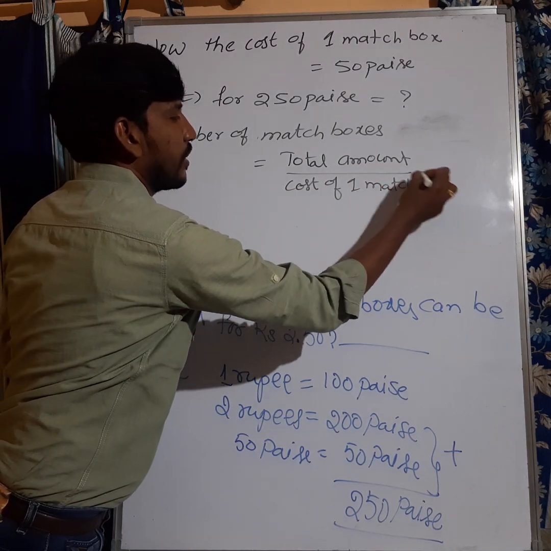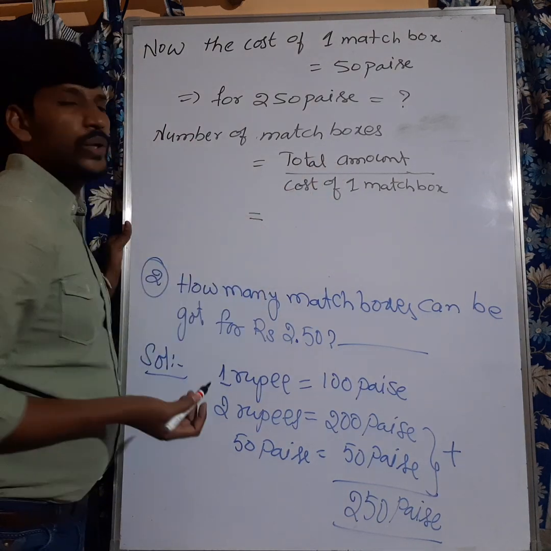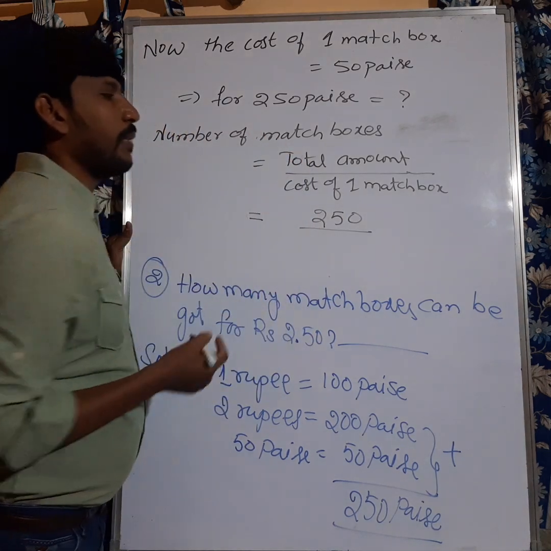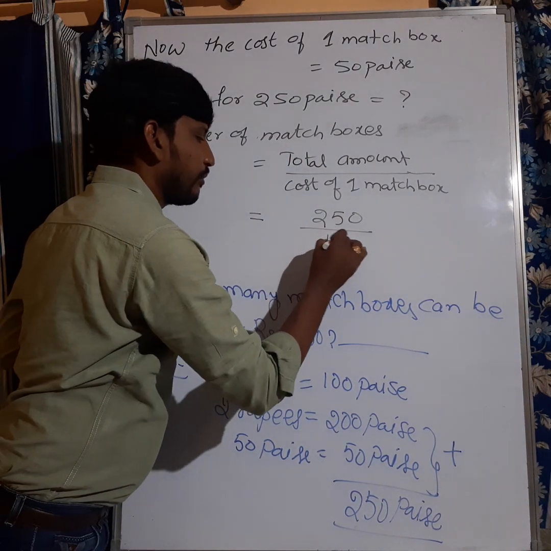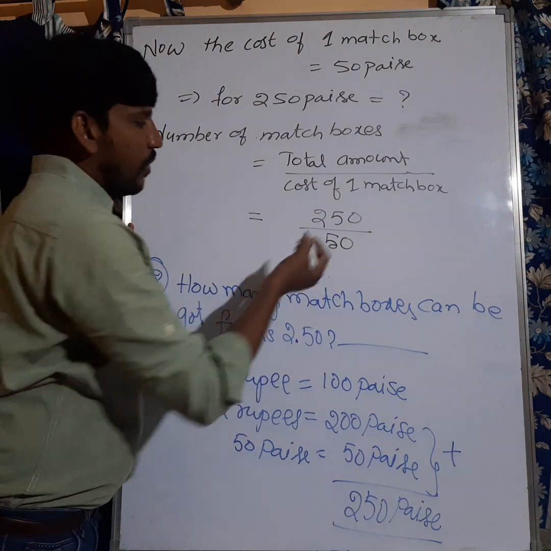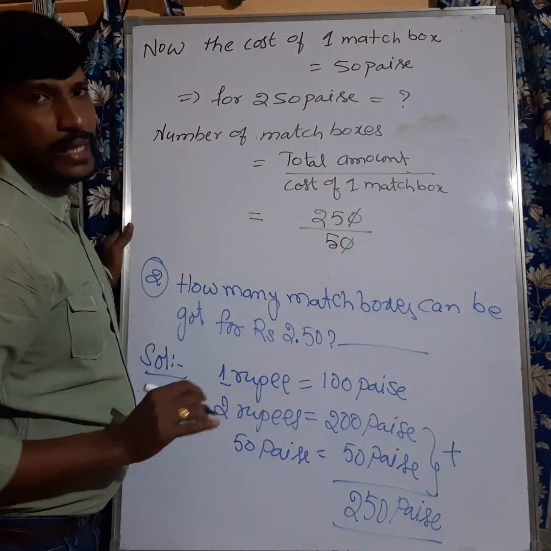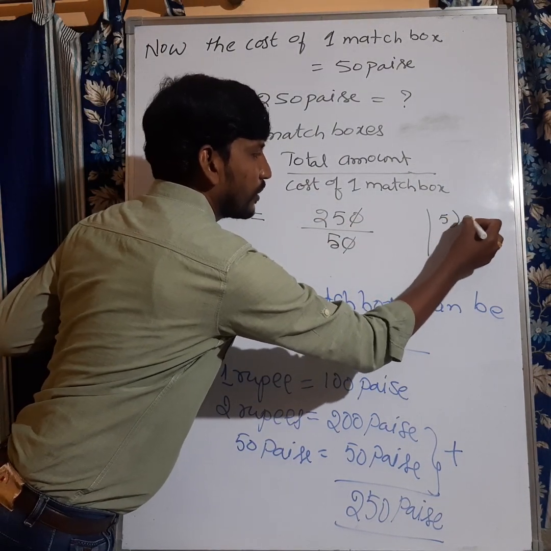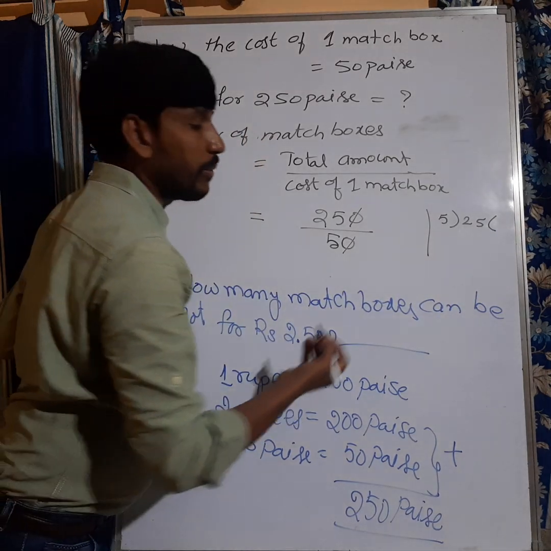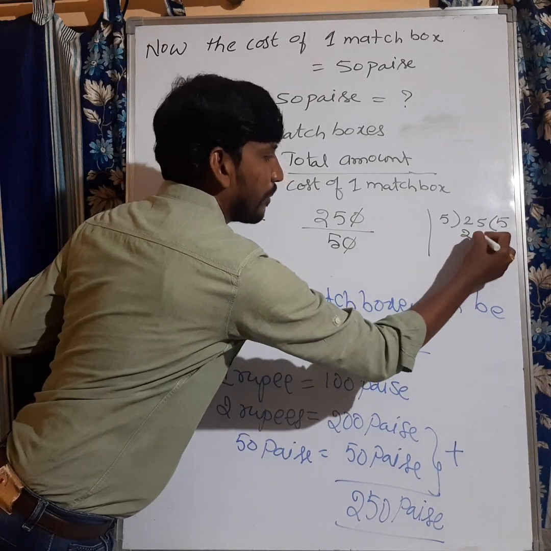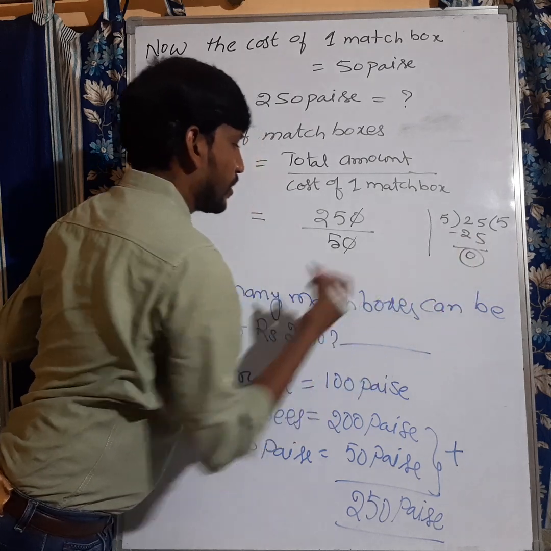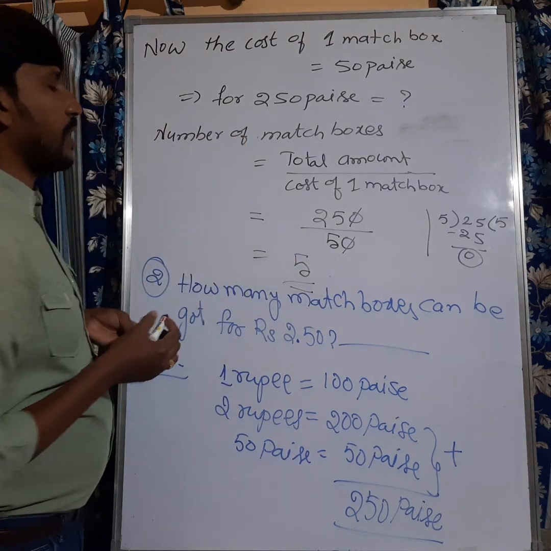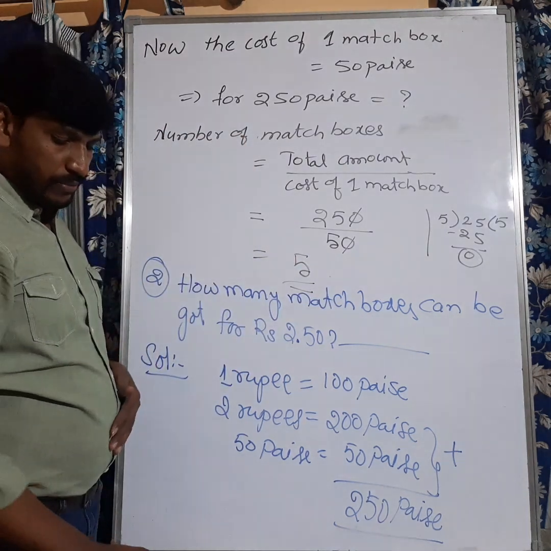Clear, my dears? Very good. Now what is the total amount we have? That is 250 paise divided by the cost of one matchbox, which is 50. Now the zeros get cancelled, or you can divide 25 by 5. We know that 5 fives are 25, the remainder will be 0. So here how many boxes are we going to get? The total number of matchboxes we will get is 5 matchboxes.